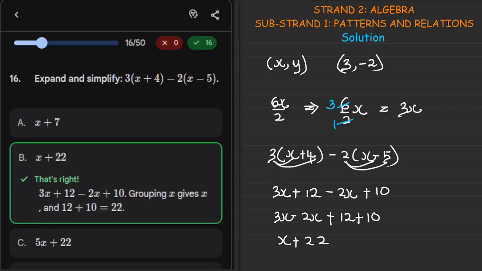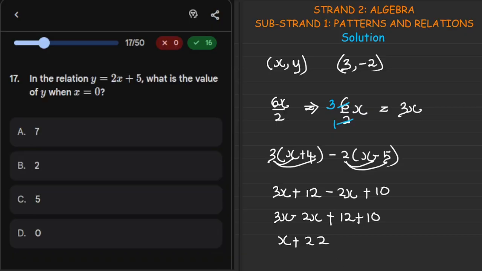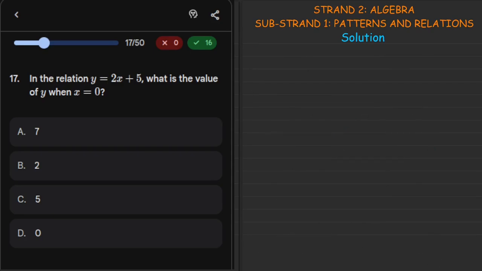Very simple. Question number 17. It says in the relation y equals 2x plus 5, what is the value of y when x is 0? All they are saying is substitute x for 0.